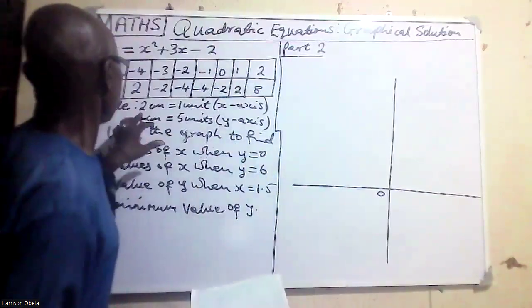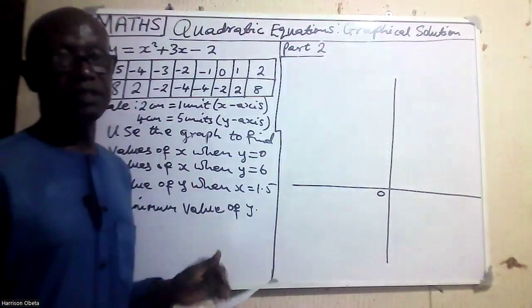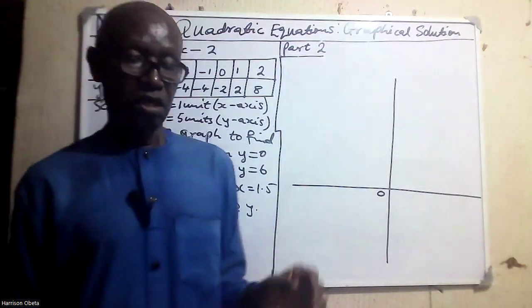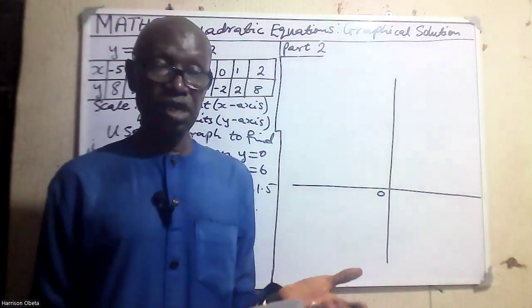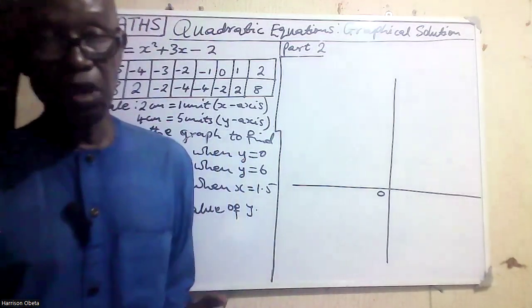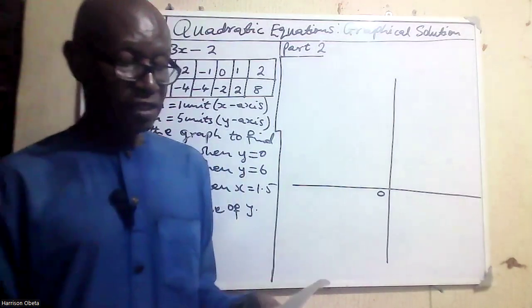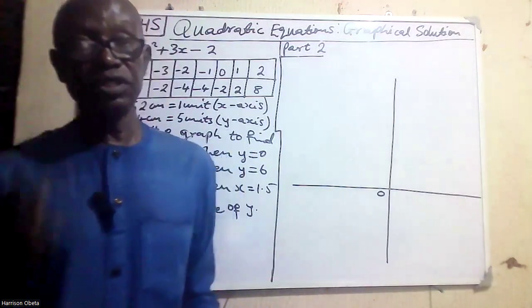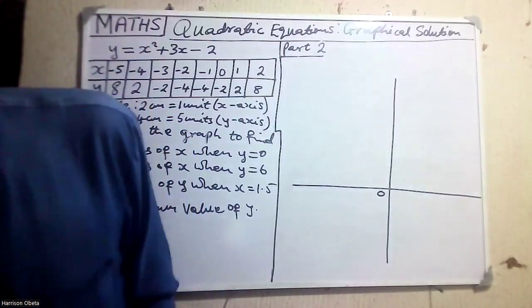So 2 cm for x-axis is 10 small boxes, from one thick line to the other. In some graph sheets it is 5 small boxes. In some graphs, from one thick line to the other you have 10 small boxes. That is 2 cm. Okay, so let's move on.